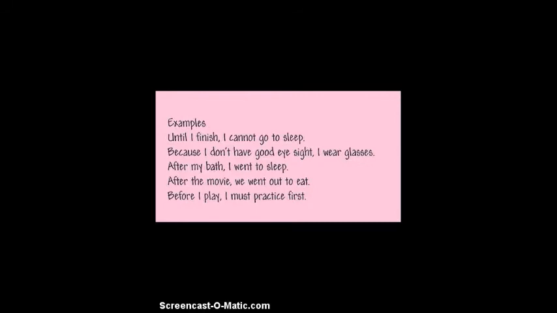The first one says, until I finish, I cannot go to sleep. Because I don't have good eyesight, I wear glasses. After my bath, I went to sleep. After the movie, we went out to eat. Before I play, I must practice thirds.